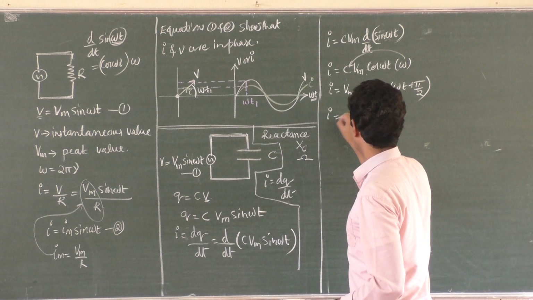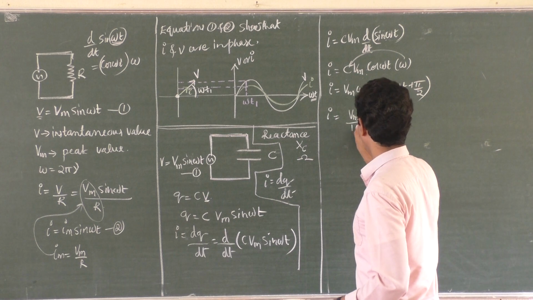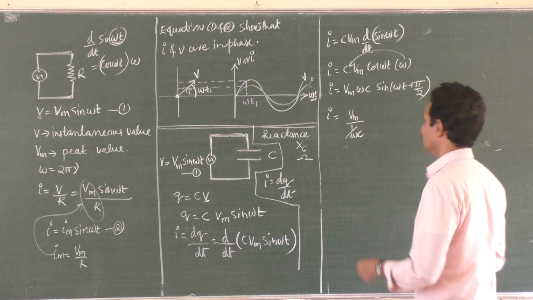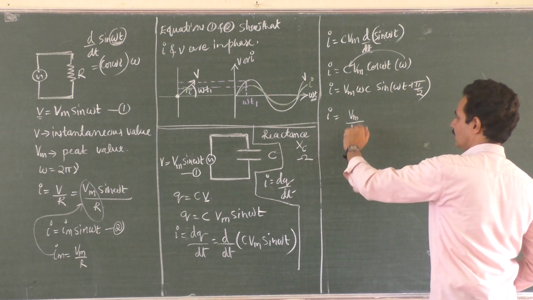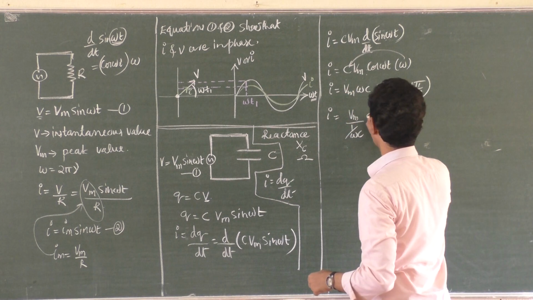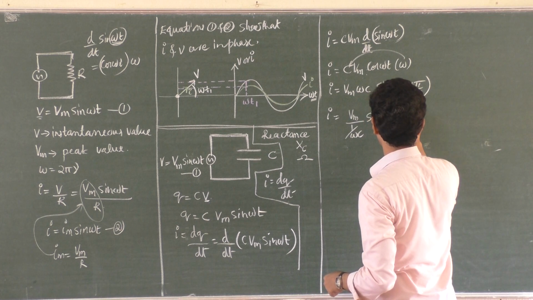That is, I will write it like this, Vm by 1 by omega c. I will write it like this, because you know that 1 by 1 by x is equal to x itself, right? So this omega c will come to the numerator, sine omega t plus pi by 2.